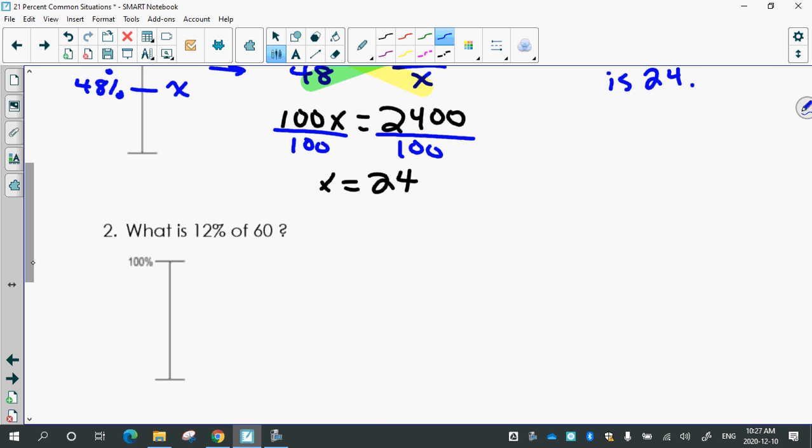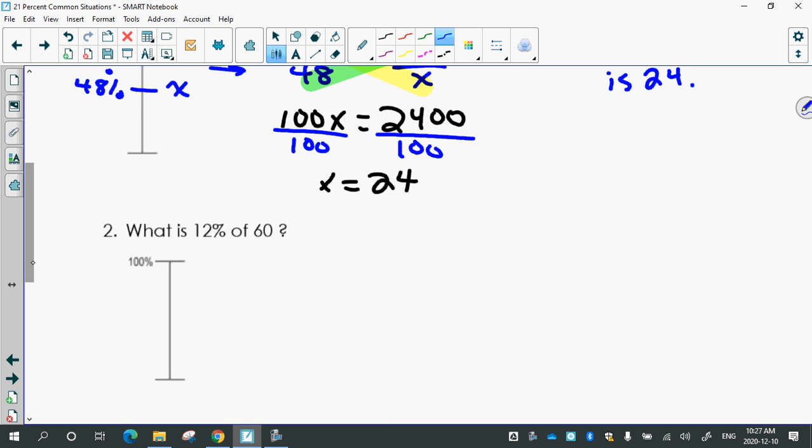Think about where you put 12 according to 100 being the total and 0 being the bottom. Okay, some people going straight to setting the proportions.